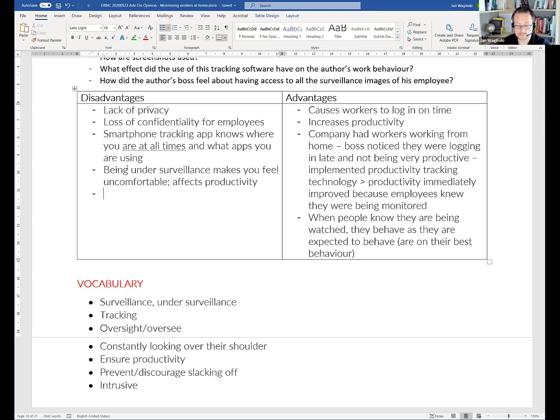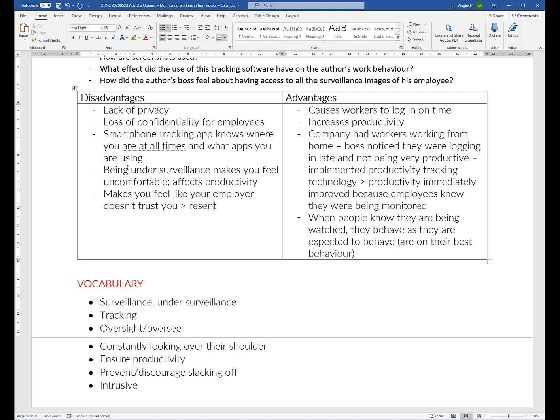So one thing that was touched upon, psychology of the human being. This is what I got from it. It makes you feel like your employer doesn't trust you. Yes, trust issue.